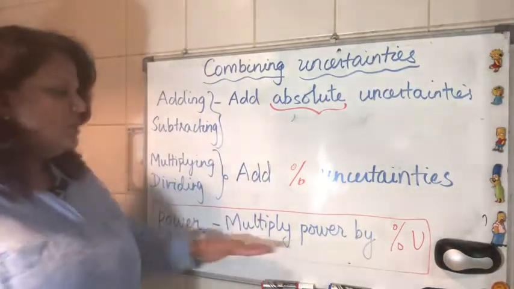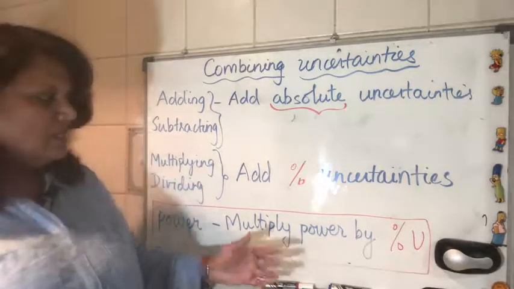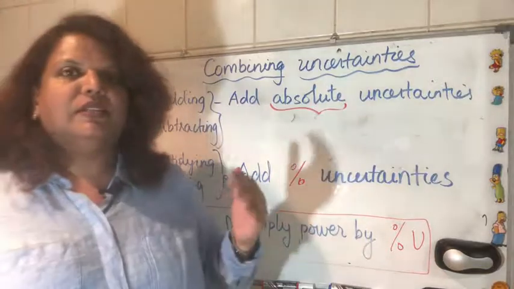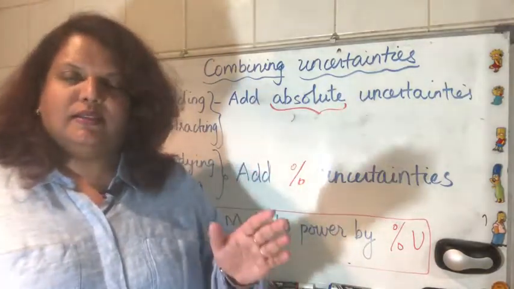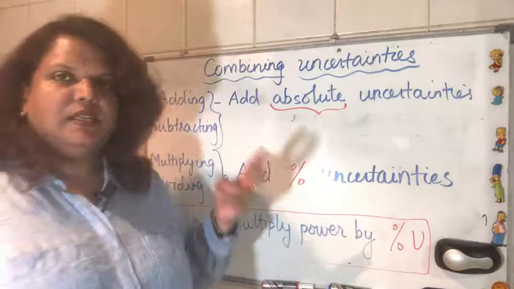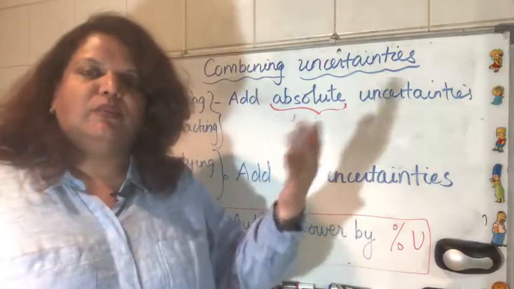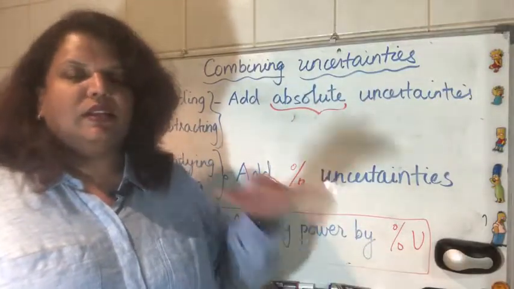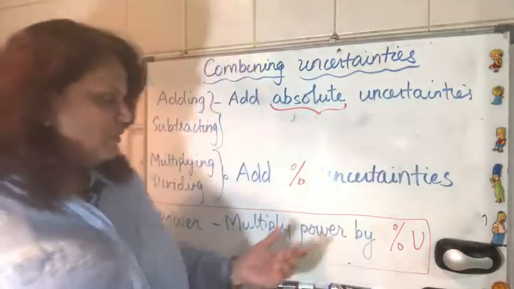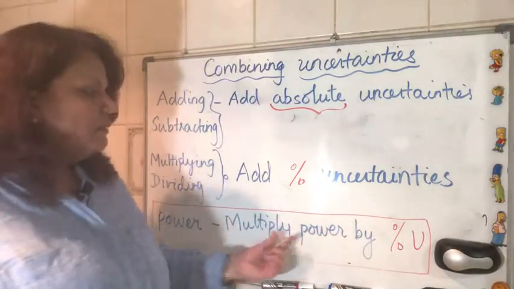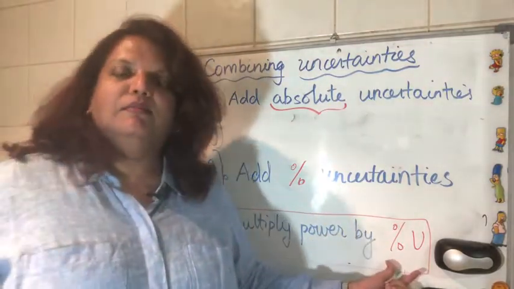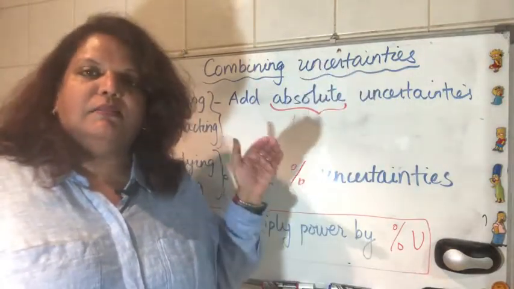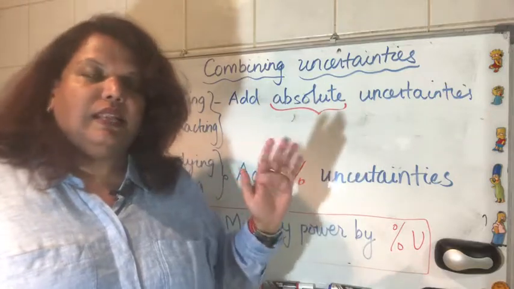Only for A levels you may come across situations where you have raised to the power, which is nothing but, say for example, if it is x squared, it is x multiplied by x. You just have to add percentage uncertainty twice. If it is x to the power of 3, then you have to add 3 times the percentage uncertainty, right? You can keep that in mind and go ahead. Or if you want to remember it as a formula, then the power has to be multiplied by percentage uncertainty. If x is raised to the power of 10, 10 multiplied by percentage uncertainty in x.